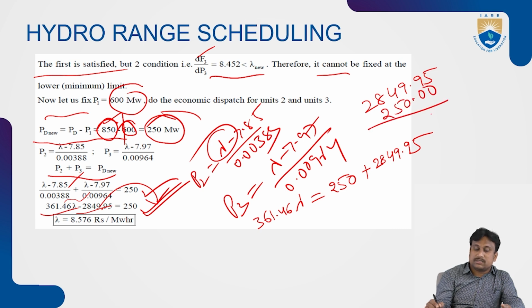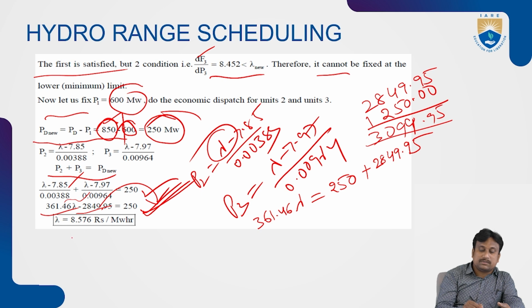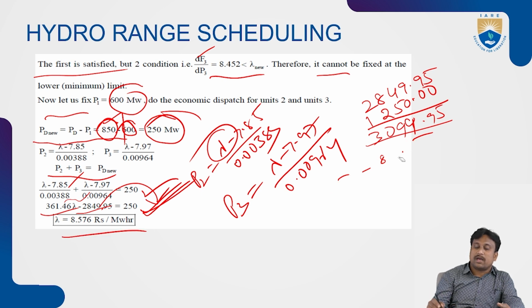So in terms of rupees per megawatt hour, the lambda value becomes 8.576. So this much of value we are getting as a new lambda value. So this is the new Lagrange's coefficient, that is 8.576 rupees per megawatt hour.